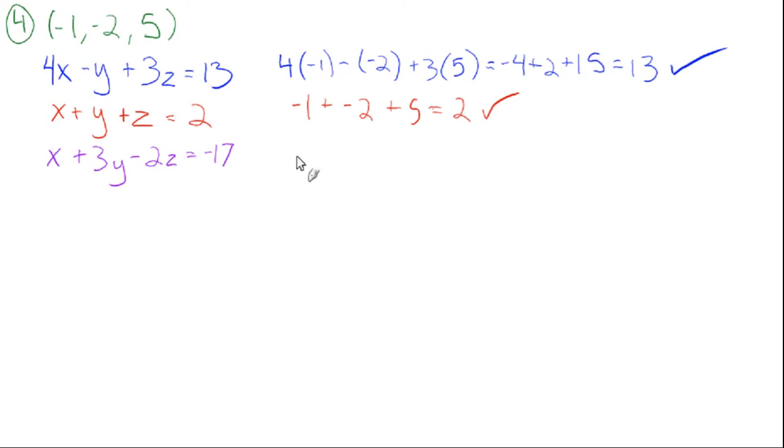And the third equation, -1 plus 3 times -2 minus 2 times 5 equals -1 minus 6 now. So it's -1 minus 6 is -7. Minus 2 times 5 is 10, so -7 minus 10 is -17.